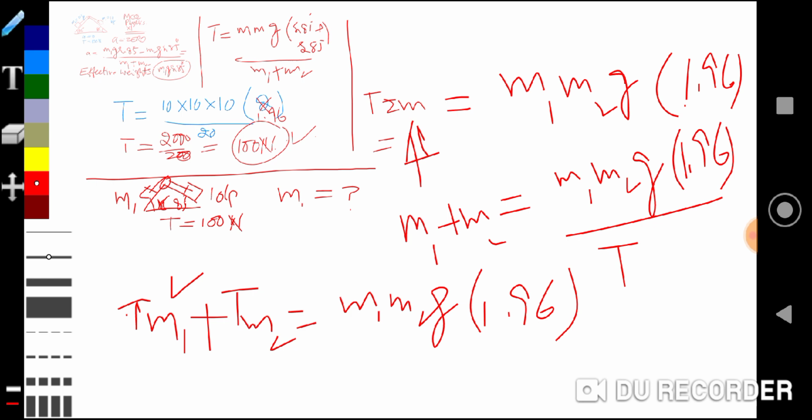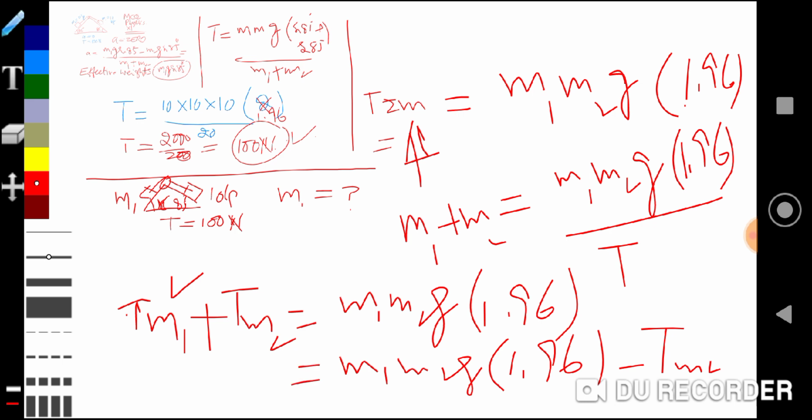And then if you have to find the value of M1, keep this over here and transfer T M2 to the opposite side. You can write down M1 M2 g and 1.96 minus T M2, and you can write T M1 over here. You cancel T on this side and divide on the opposite one. Now M1 can be released over here, but again in the equation itself M1 is existing.